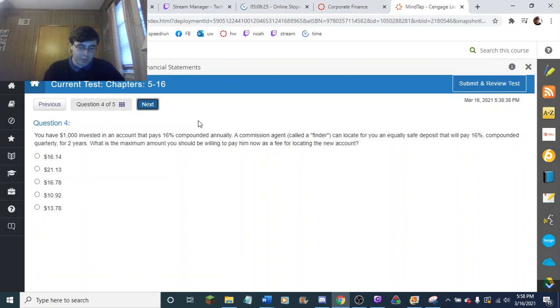And then you have 16% interest rate. And it's for 2 years. So what's the future value? So how much money have you made? You have made $345.6.